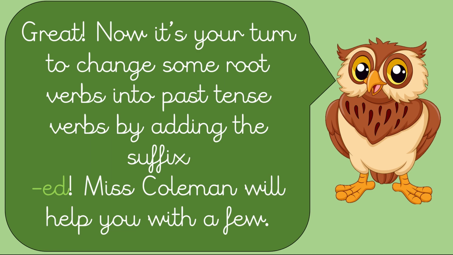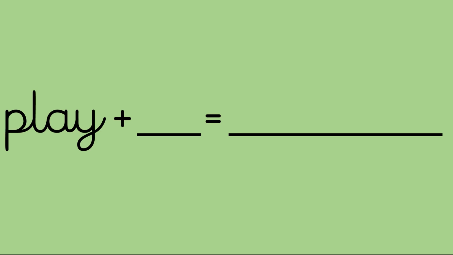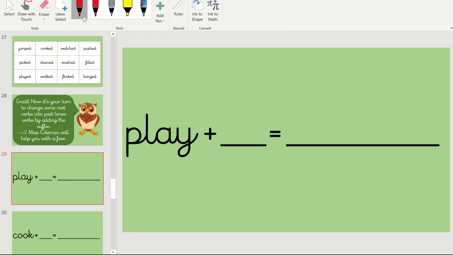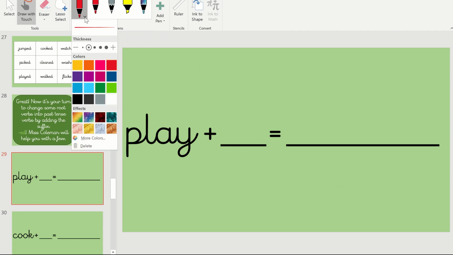Great. Now it's your turn to change the root verbs into past tense verbs by adding the suffix ed. Miss Coleman will help you with a few. Brilliant. Okay. So, first of all, we've got, what's this one, everyone? Absolutely, it's play.